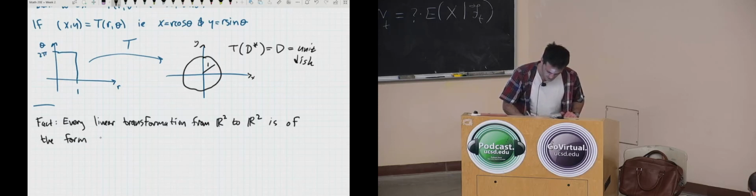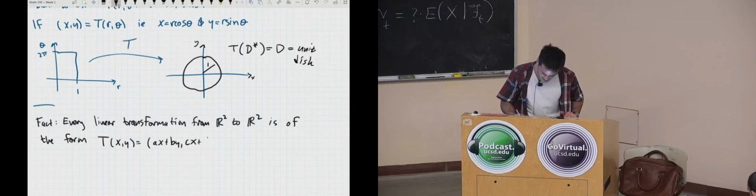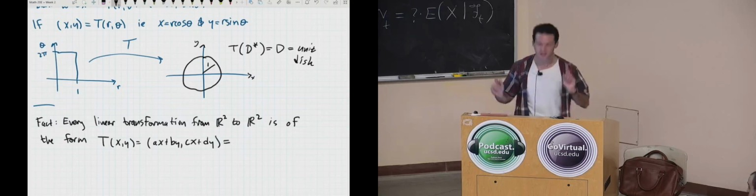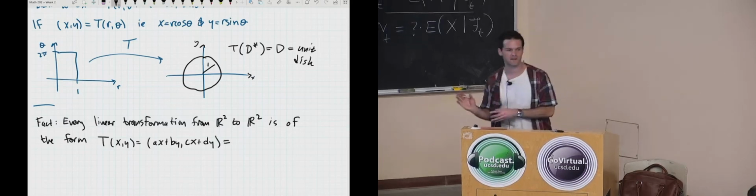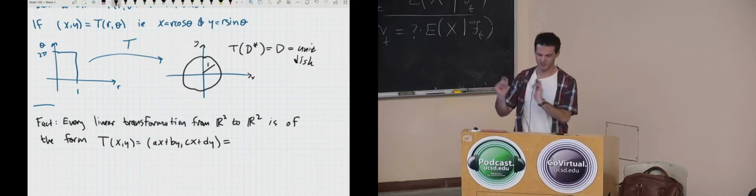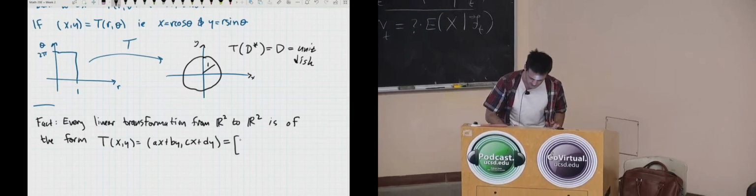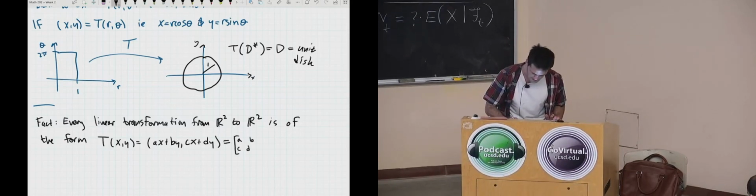In other words, it's of the form T of x, y equals, say, ax plus by and cx plus dy, which, if you will allow me to write this in matrix notation, you could also write as the matrix A, B, C, D acting on the vector x, y.